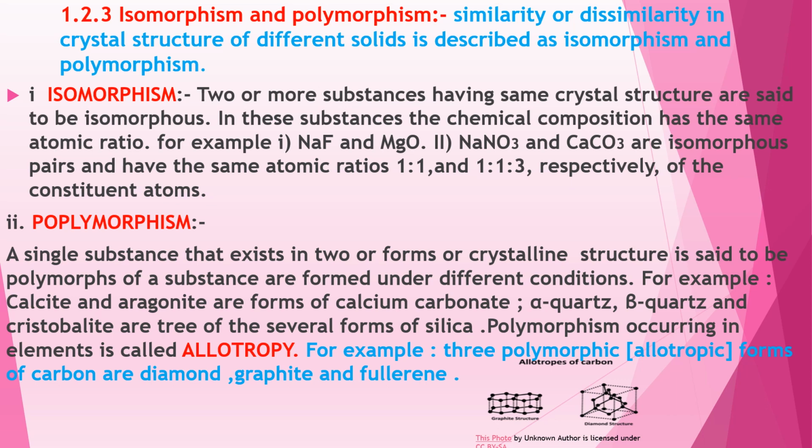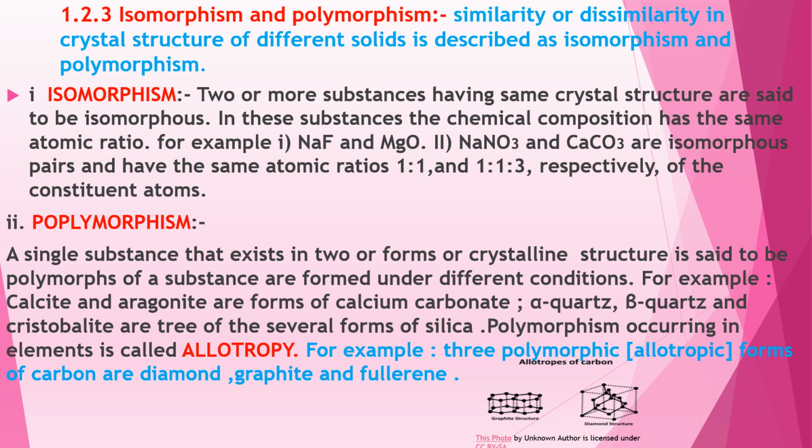A single substance that exists in two or more forms or crystalline structures is said to be polymorphous, or a substance formed under different conditions. For example, calcite and aragonite are forms of calcium carbonate.